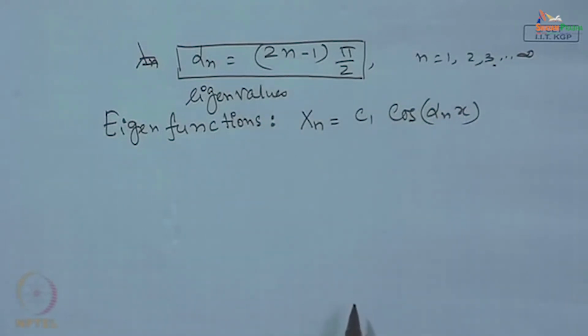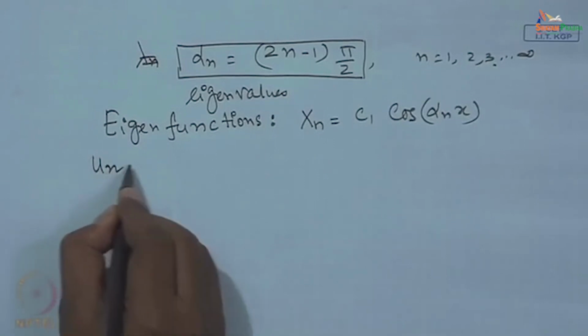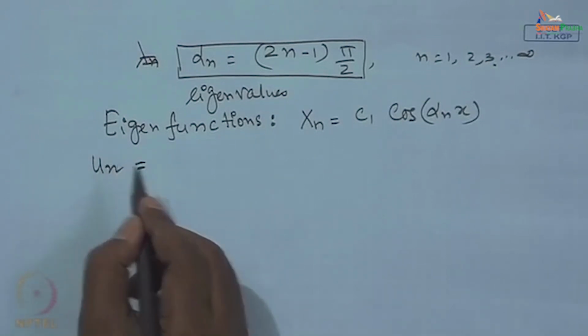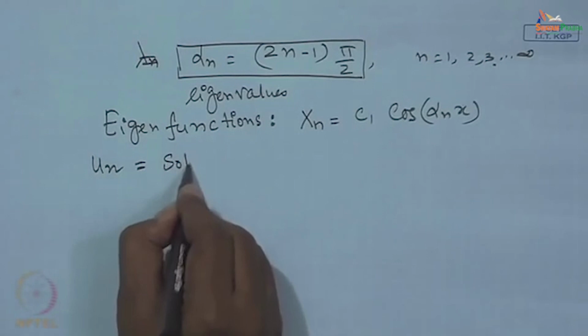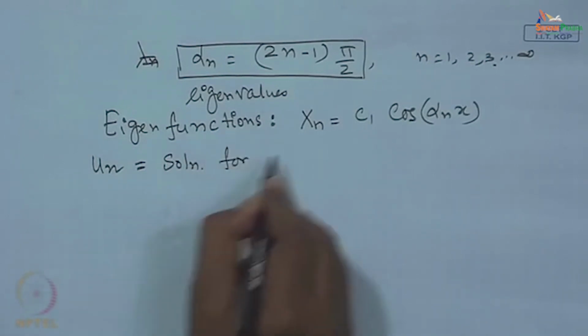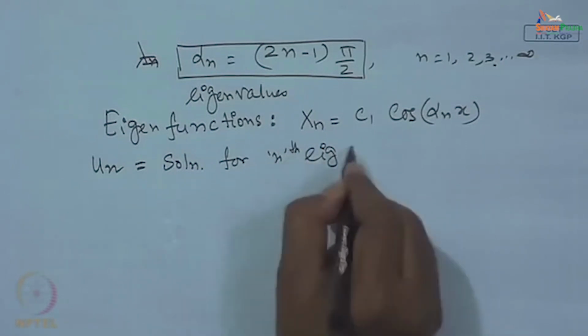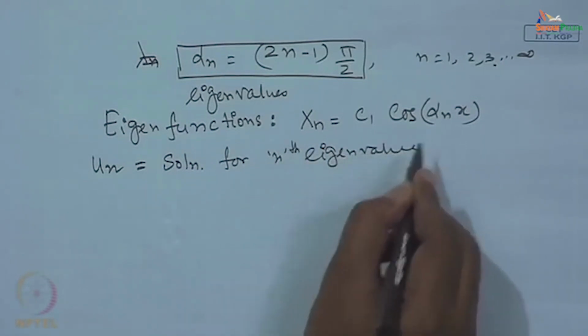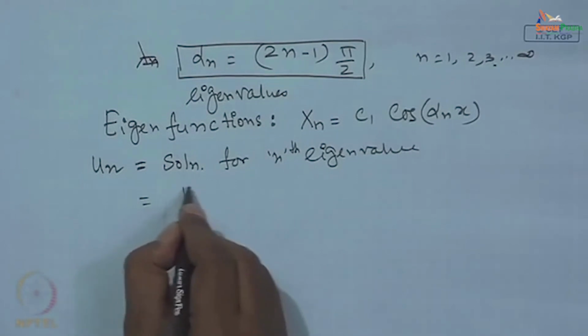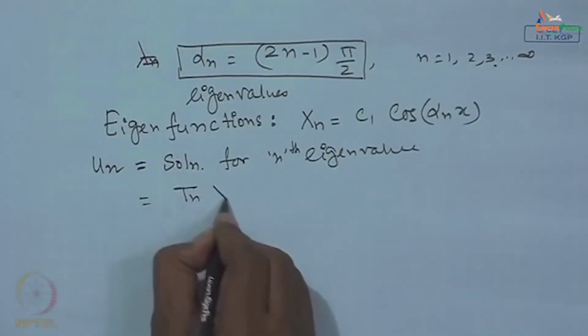Okay. So, we construct the u n, the solution for nth eigenvalue and eigenfunction. So, this will be nothing but T n multiplied by X n.